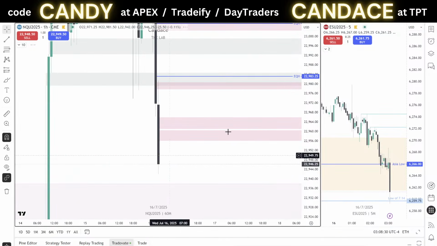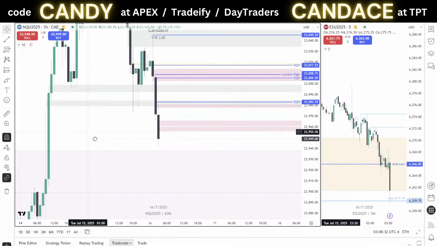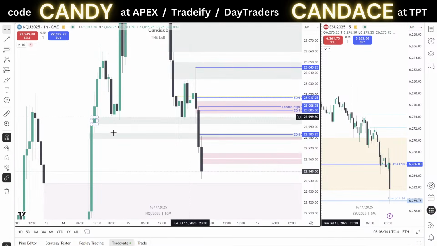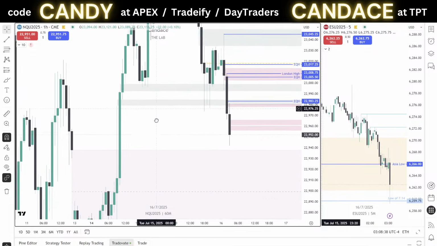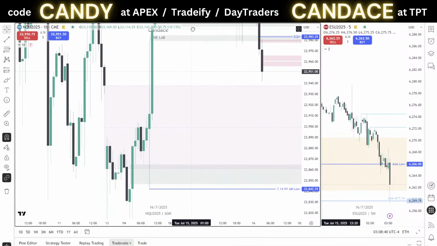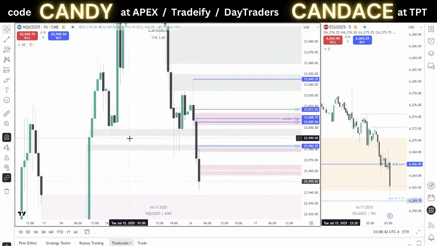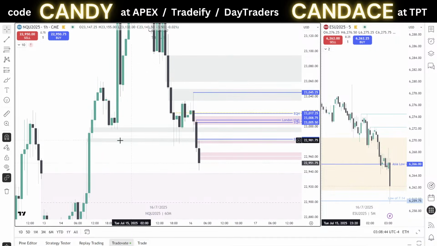Okay, but bad news. Price passed through the 1 hour BC. That is bad news. That means we are higher time frame bearish.